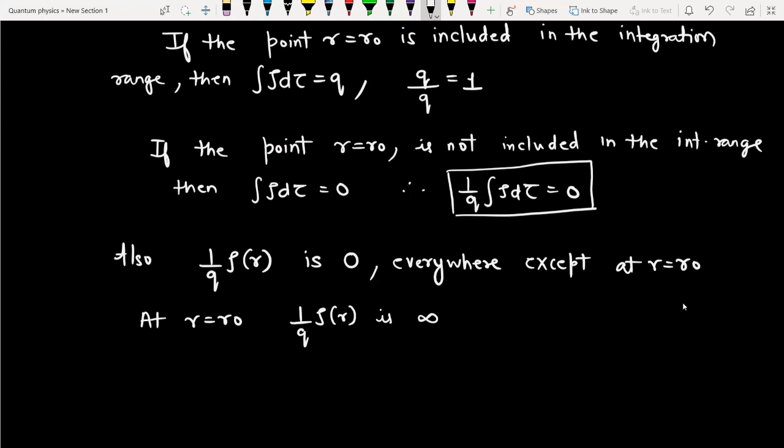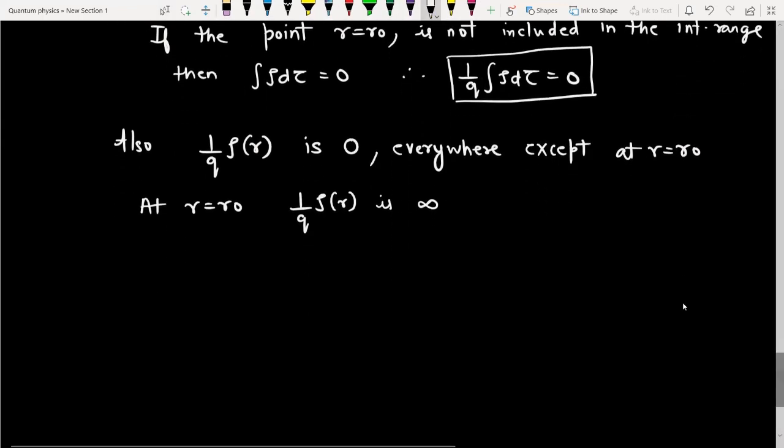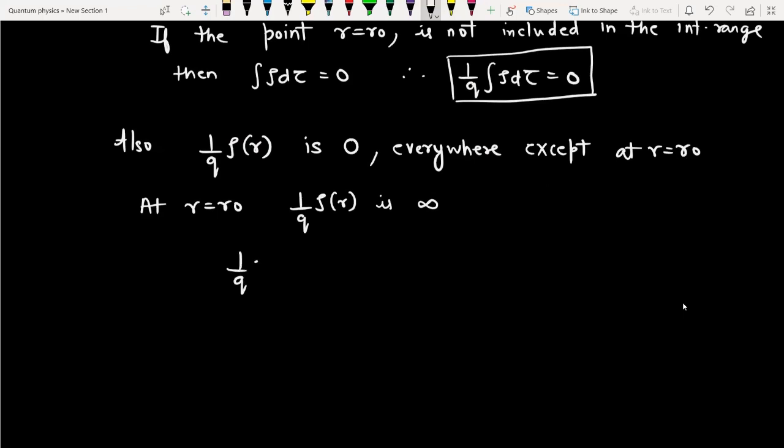And what is that direction? That direction is that 1 over q rho of r, the function that we have considered, can be represented as a Dirac delta function in 3D. It's a very, very important result.